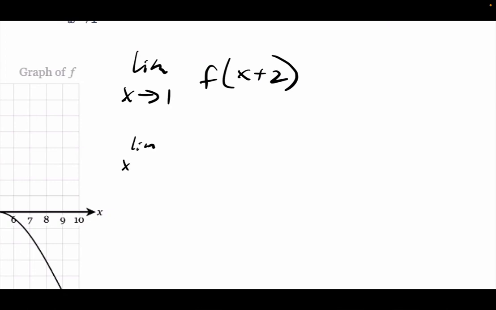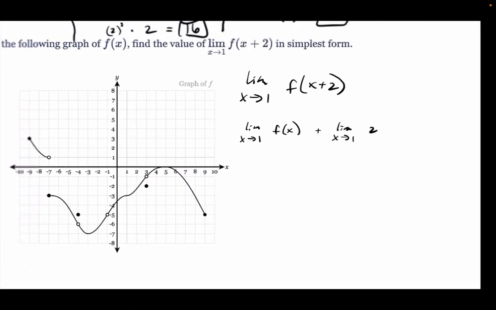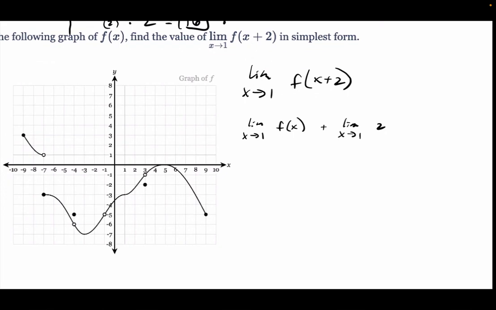So the limit as x approaches 1 for f of x plus the limit as x approaches 1 for 2. Oh, it's -3. Oh yeah, so it is negative. So the limit as x approaches 1 for f of x is -3, right? -3 right there.